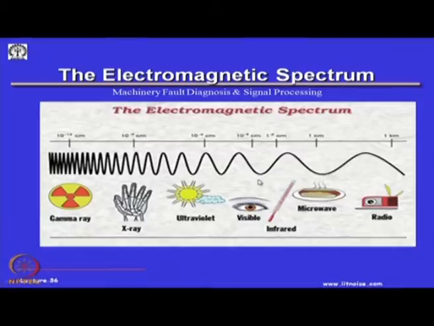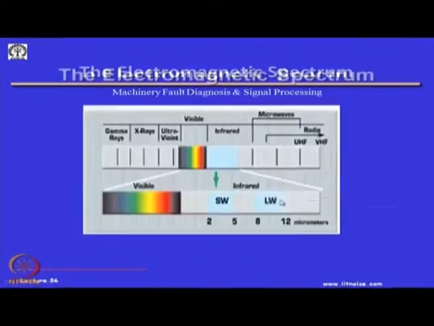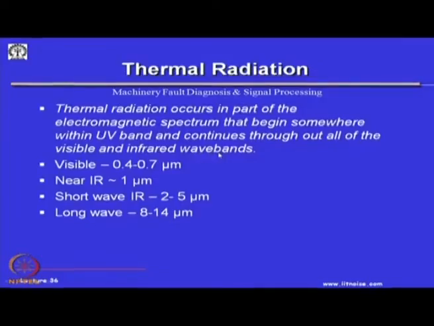Now, to give you an idea regarding the electromagnetic spectrum, the visible range is somewhere from 4000 to 7000 angstrom, and then somewhere here is the infrared wavelength, and the higher wavelengths get into microwave and radio. So, we are talking beyond the visible, this is the infrared, and this band is what we take advantage of in thermal radiation measurements.